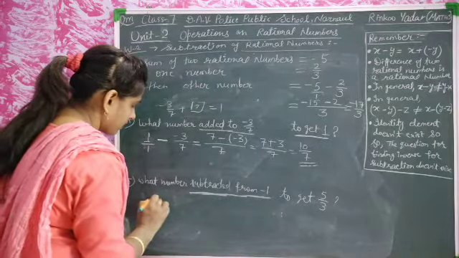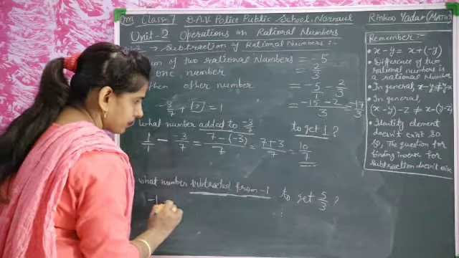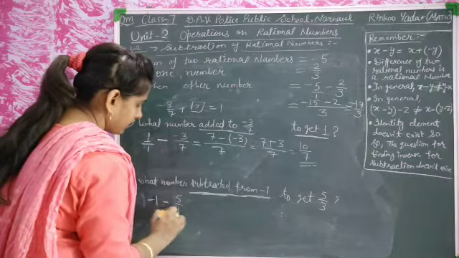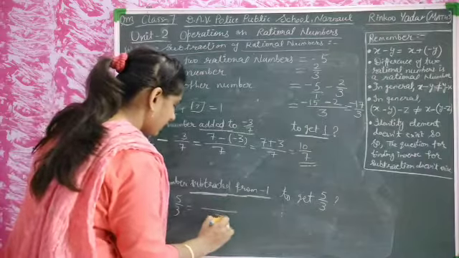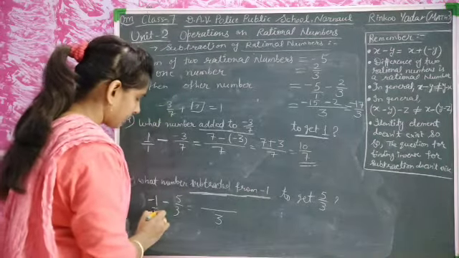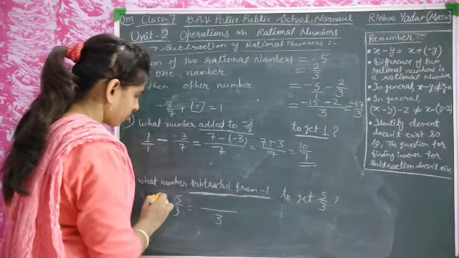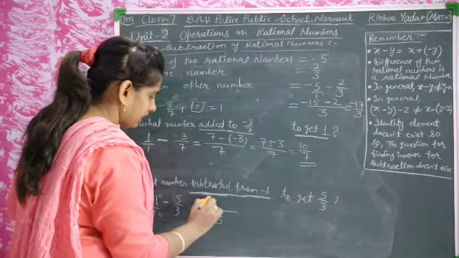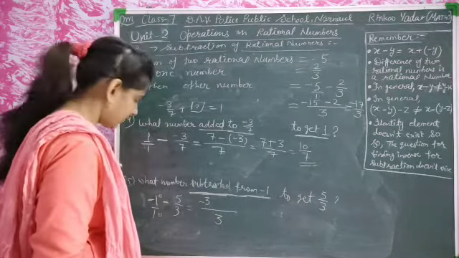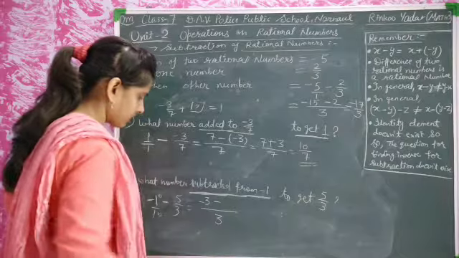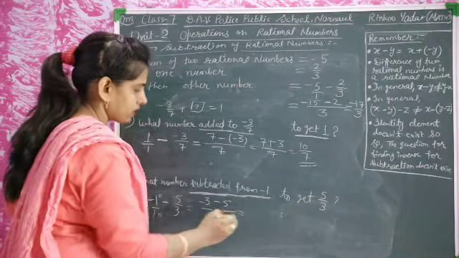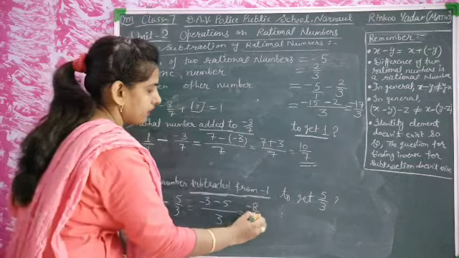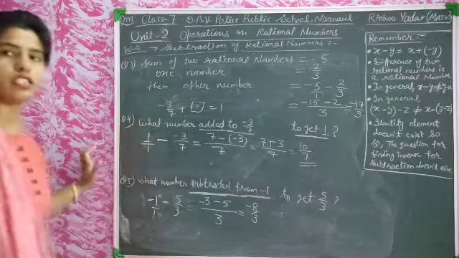We are taking the LCM 3, and 1 is multiplied by 3, so the numerator is also multiplied by 3 and this is -3, and minus 5 by 3 has the same denominator, so the numerator is the same: -3 minus 8 by 3. We will get the answer here.